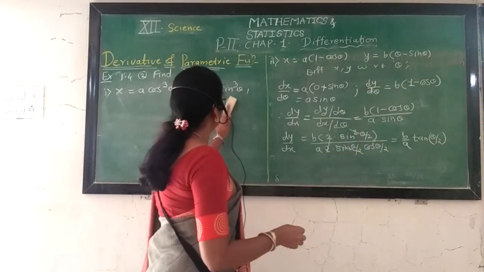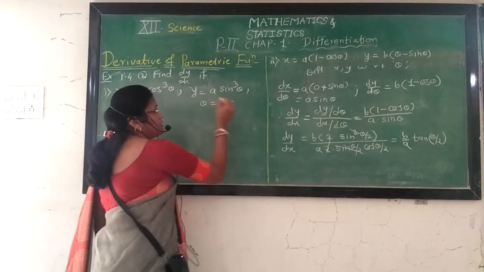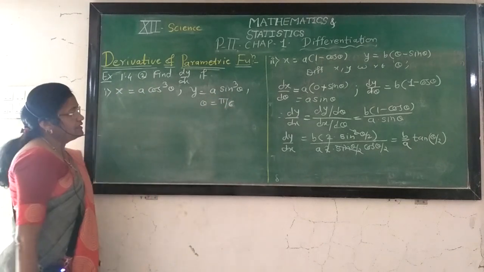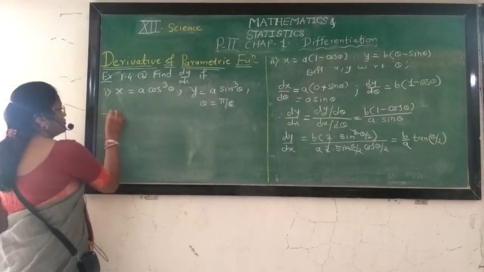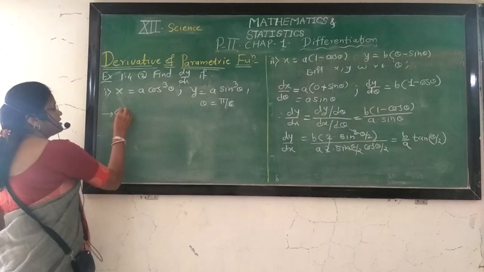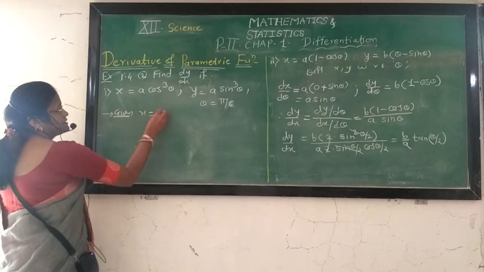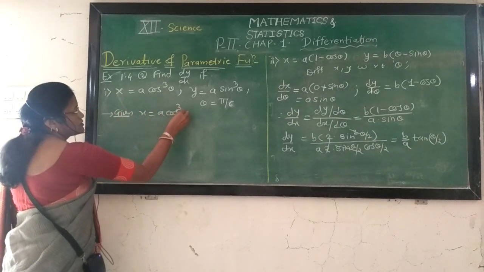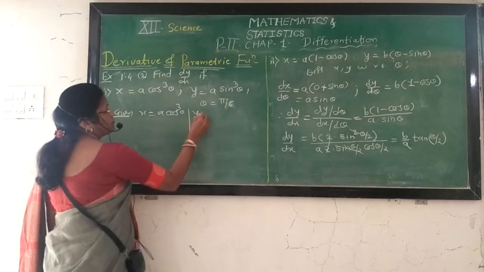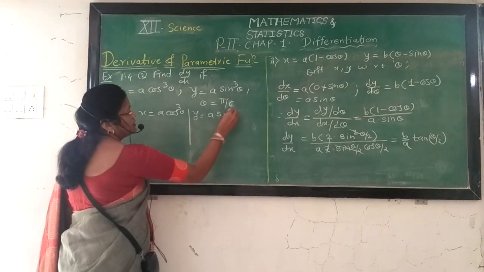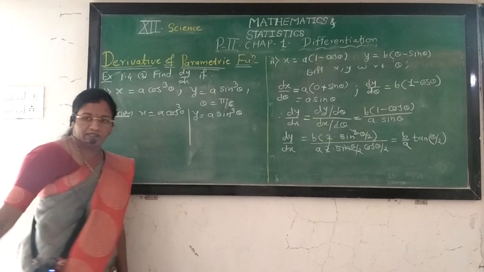Theta is given as pi by 6, and pi by 6 means 30 degrees. So what is given? x is equal to a cos cube theta, y is equal to a sin cube theta.